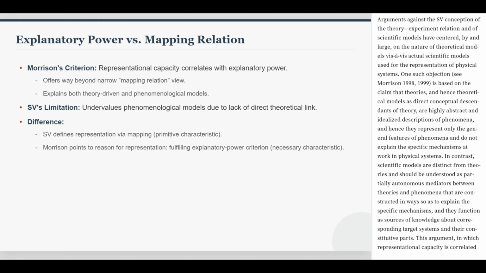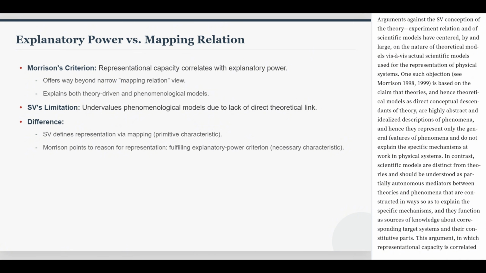So Morrison offers a different lens. Representational capacity should be judged by explanatory power. A model represents something well if it successfully explains what happens in the physical system. This criterion, she argues, works for both kinds of models. Theory-driven models explain because they're linked to the theory, sure. But phenomenological models also explain, even if they don't have that direct deductive link.